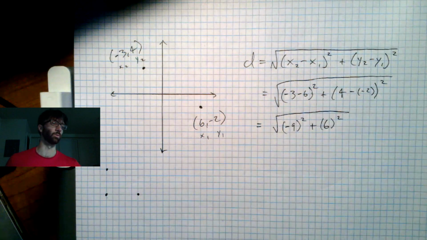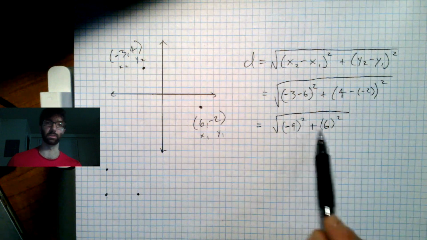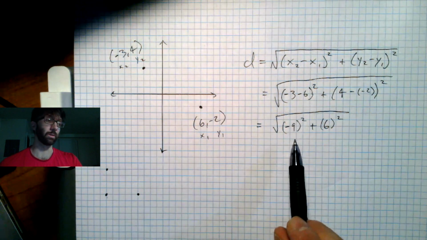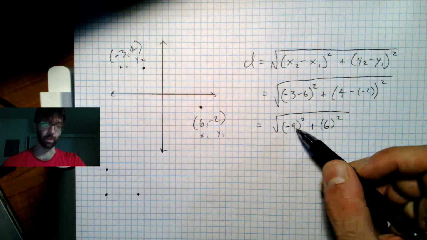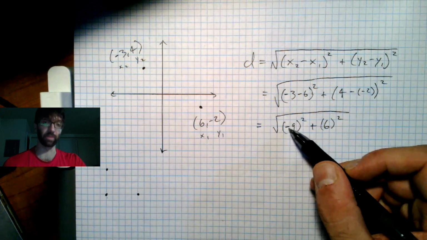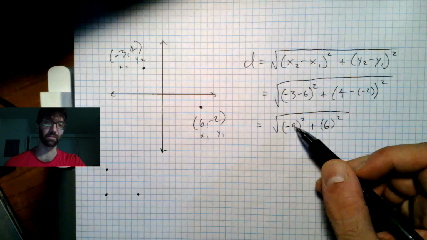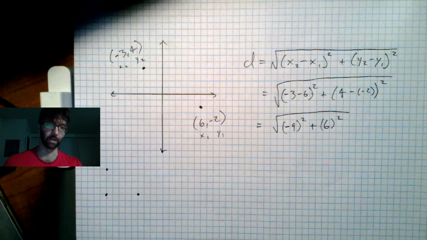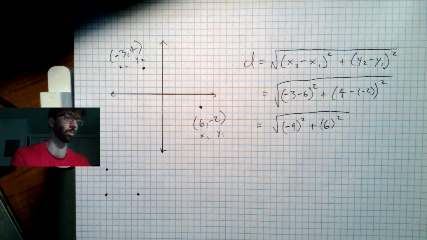All I did was simplify the two sets of parentheses here. And now these parentheses are very important because the negative sign here is within the parentheses, which means (-9) squared is going to be -9 times -9, which gives us a +81, right?